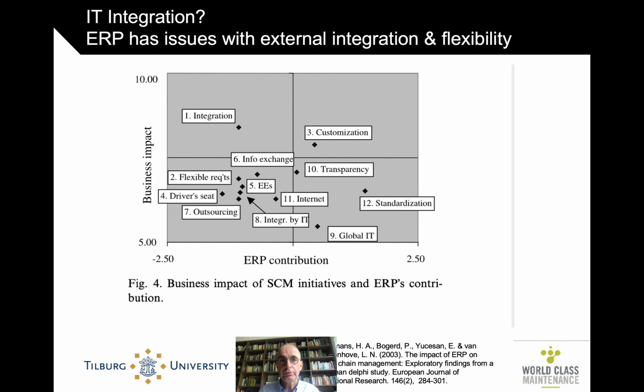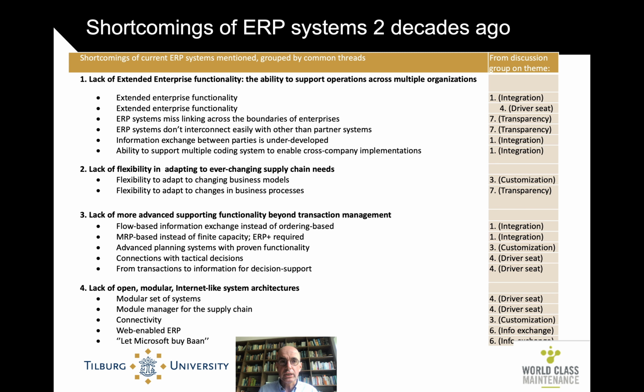Those same mainframes that worked so nicely, the IBMs in accounting and the faxes in the factories from the 1980s, still linger on in the architecture of ERPs. Although you have client-server and cloud-based solutions, and that is changing, this is still the history they are moving from. So two decades ago, the main complaint was that the extended enterprise functionality was lacking, the ability to support operations across multiple organizations.